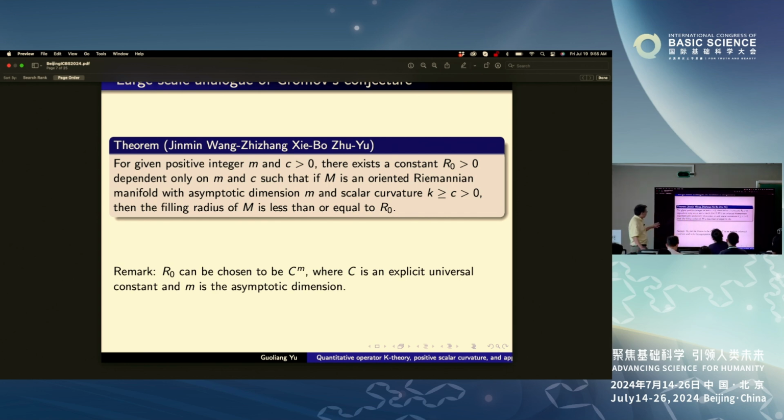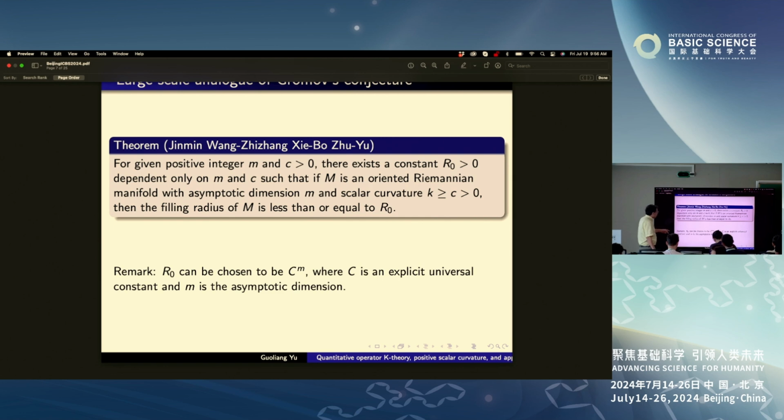Let me also say, in the spirit of Shimo's talk on quantitative topology, we are able to make this constant very explicit. We can really make this number precise. It's a power of the dimension, an exponential constant.